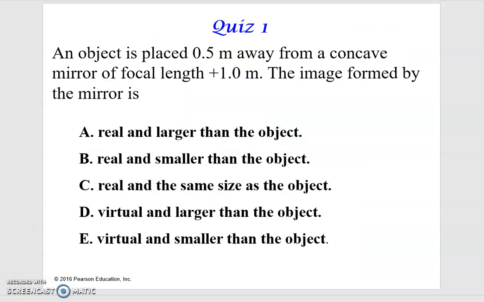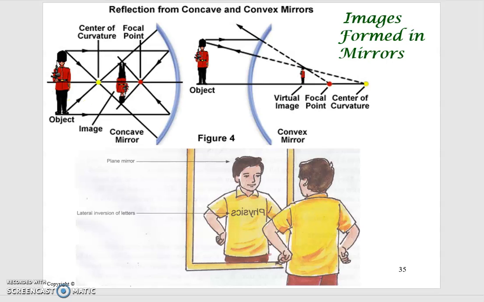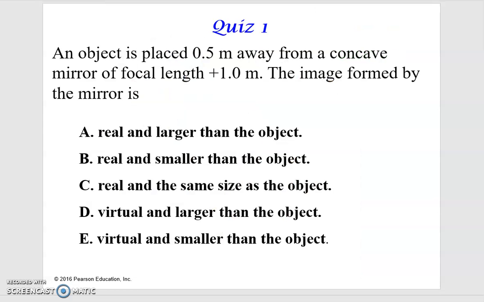Now let's try to have our first quiz today. If you put an object 0.5 meters away from a concave mirror, and the focal length of the concave mirror is 1 meter, what will be the answer? So just to remind you, it is a concave mirror, and you put the object here, smaller than the focal length.